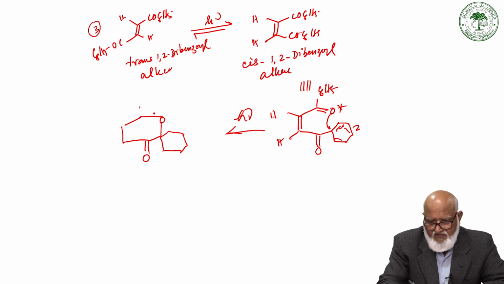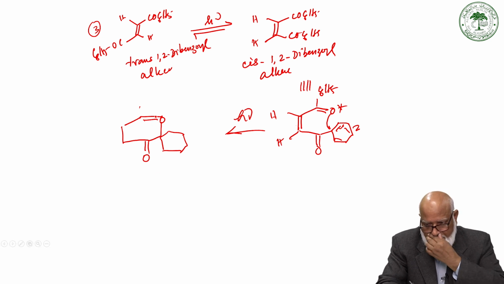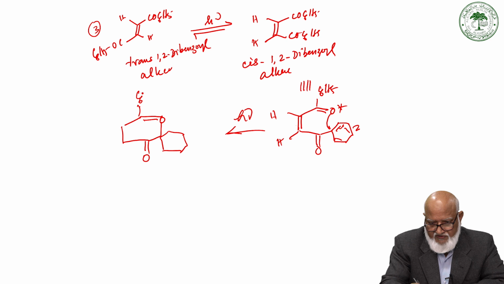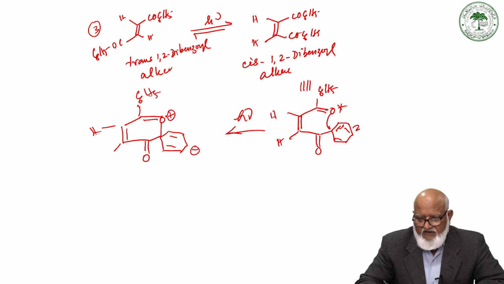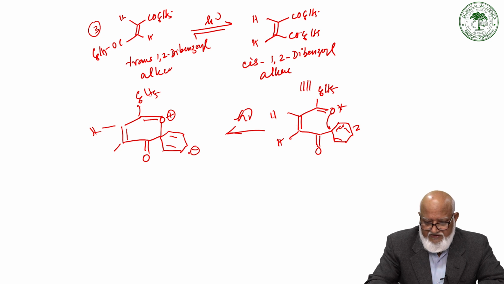You have a double bond. You have C6H5, H, and then we can write a positive charge. The dipolar species is well known in enone systems. So we can write like this, and then this goes like this.